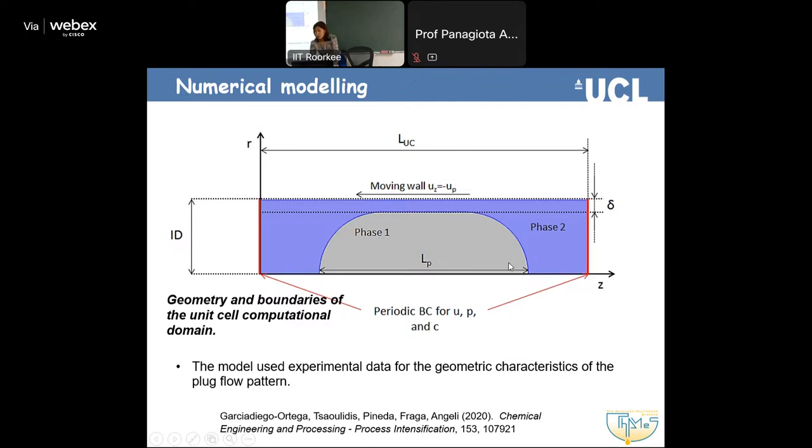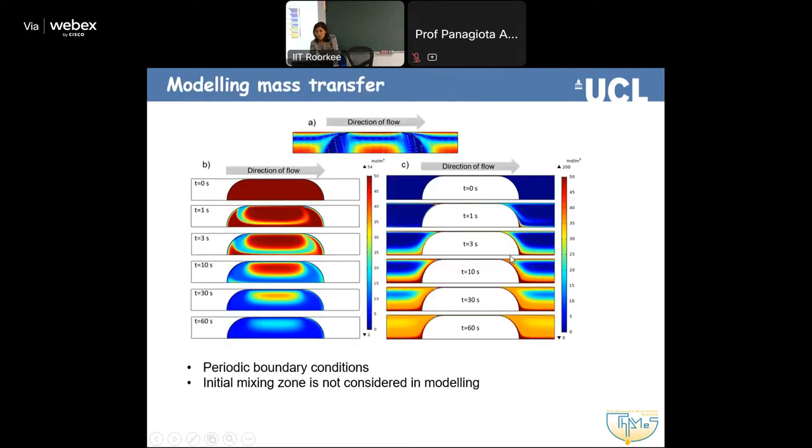So by doing this sort of modeling, you can get results like this. This shows us the direction of flow. So this is the beginning, later in the channel, further downstream, and this is what happens outside. So the material does move from the plug to the surrounding phase.